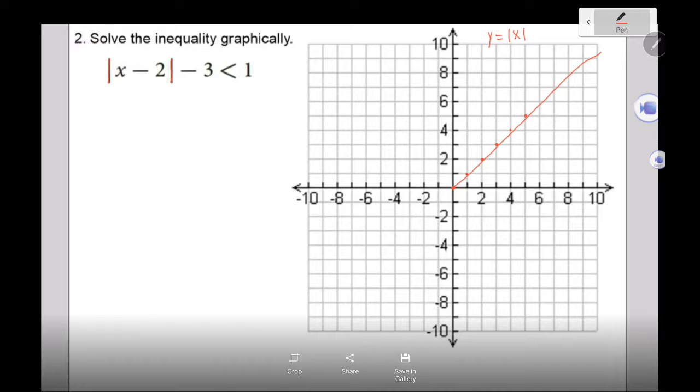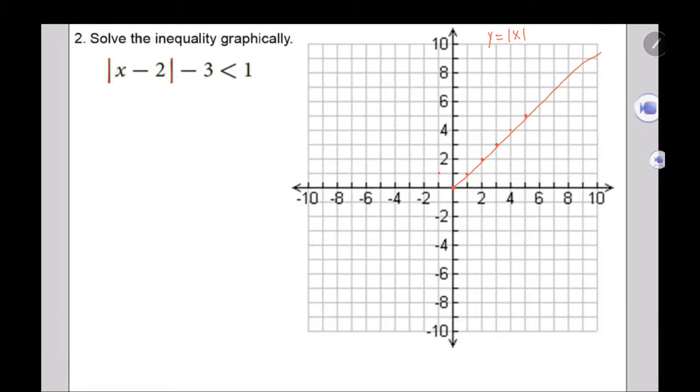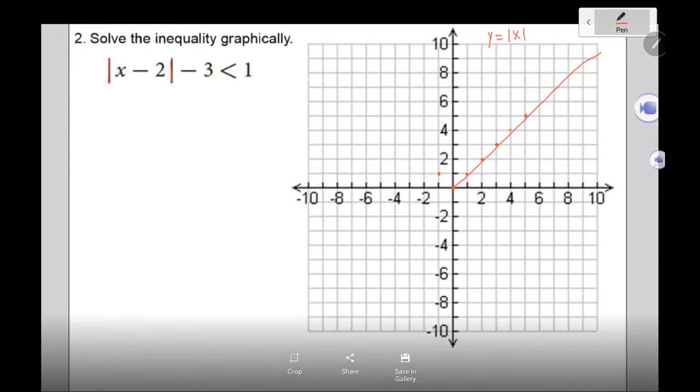But the interesting part is when x is negative 1. The absolute value lines say that you can't be negative, you have to be positive. So when x is negative 1, y turns out to be positive 1. You might have expected that it would be negative 1 and keep going down in the same line we started with, but no, it's positive.